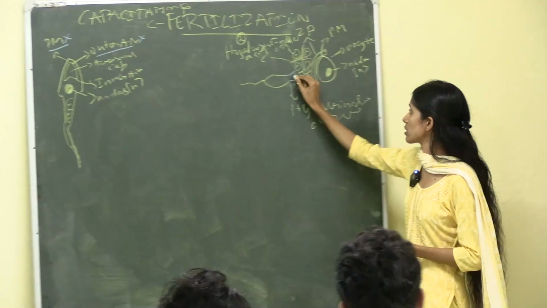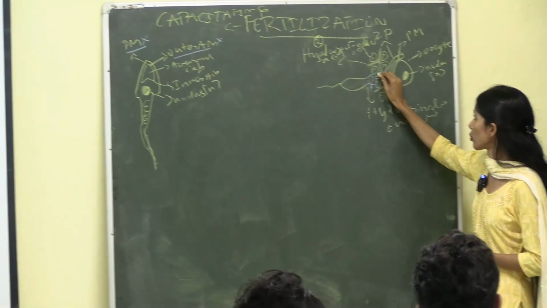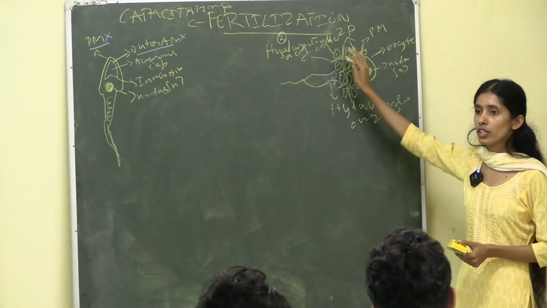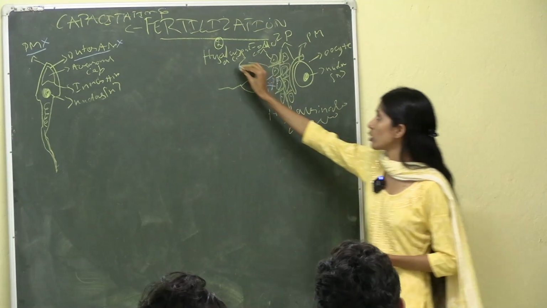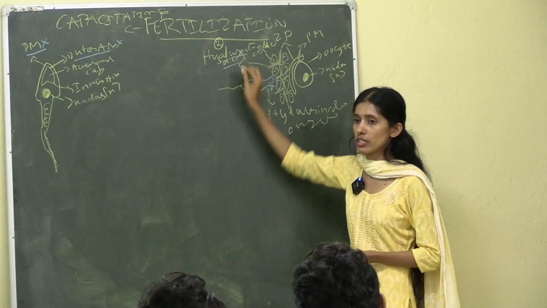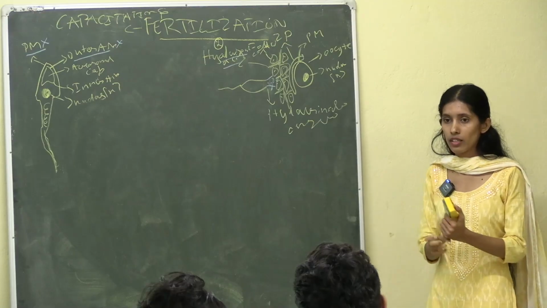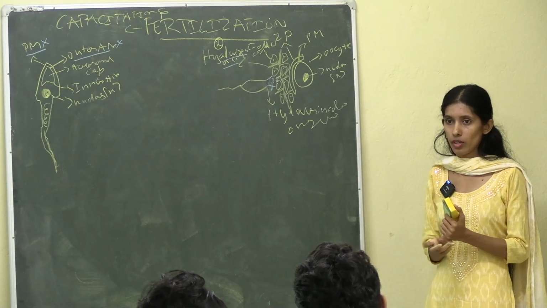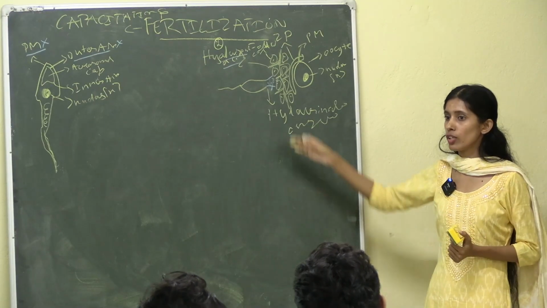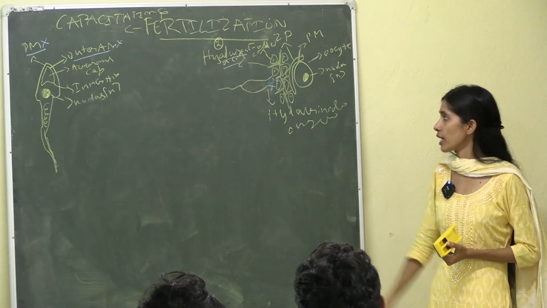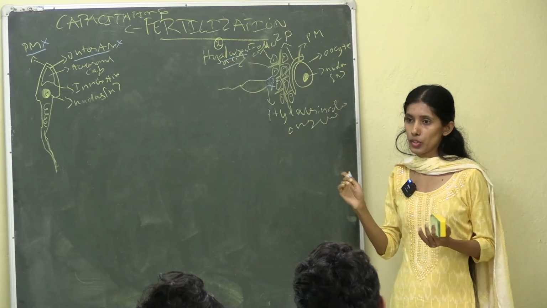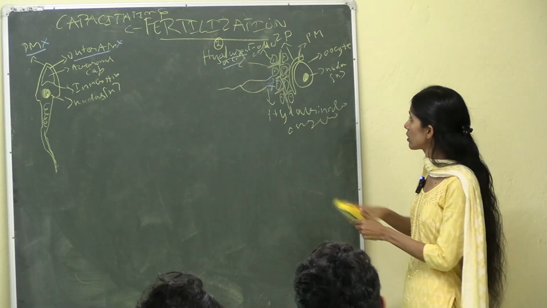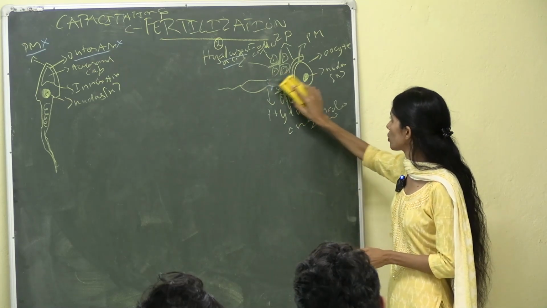It will release the hyaluronidase enzyme into your corona radiata layer. As a result, the hyaluronic acid present in the corona radiata will get loose. It will lose its jelly-like substance and all the follicular layers will start separating from each other. As a result, this entire part is going to open.